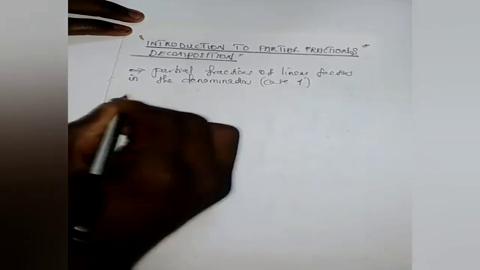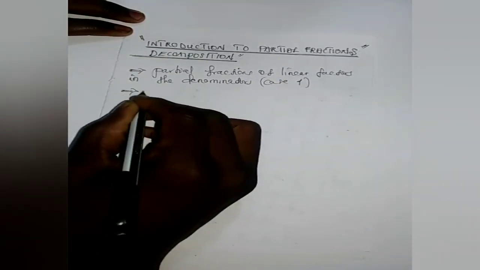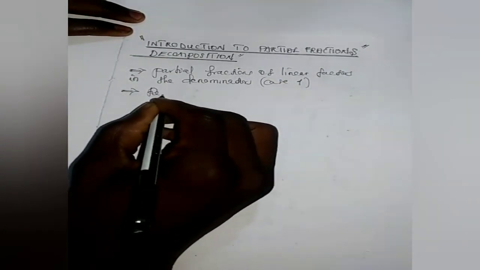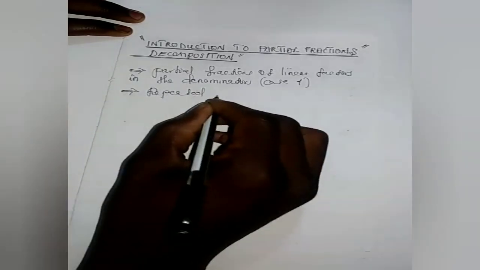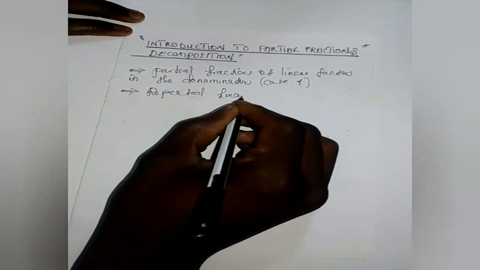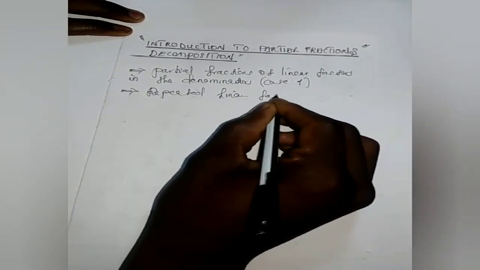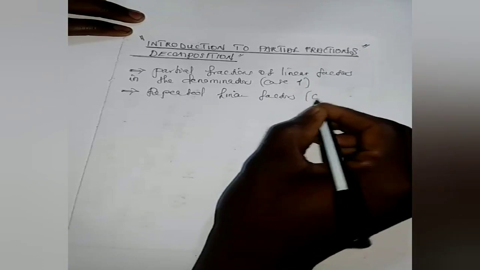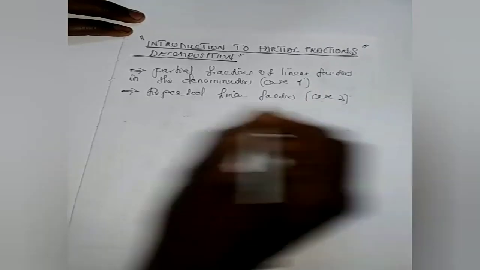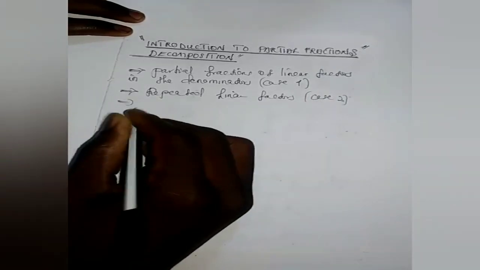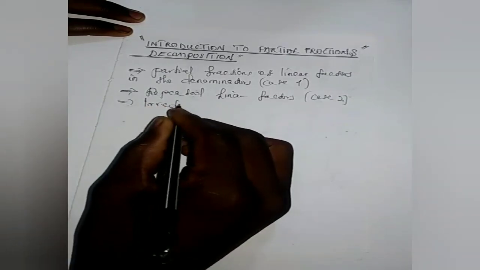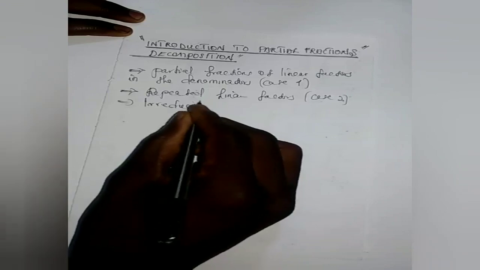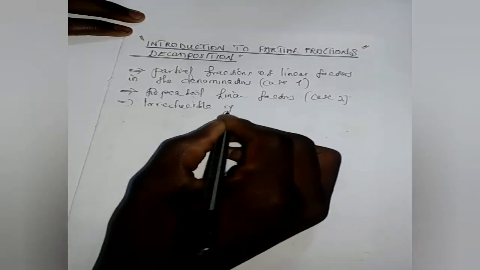The second case is repeated linear factors. That is case 2. The third case, which we'll deal with lastly, is irreducible quadratic factors.